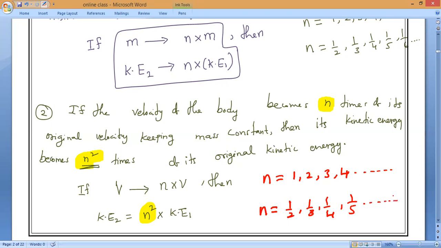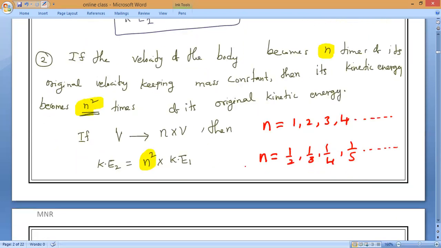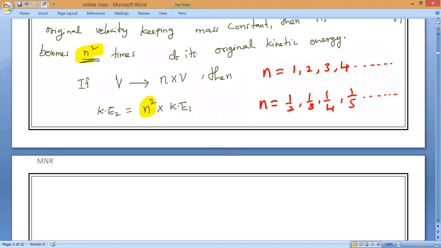For example, if velocity becomes 4 times, what is the change in kinetic energy? 4 square, 16 times. Understanding? If velocity is reduced by 3 times, what is the change in kinetic energy? Everybody.